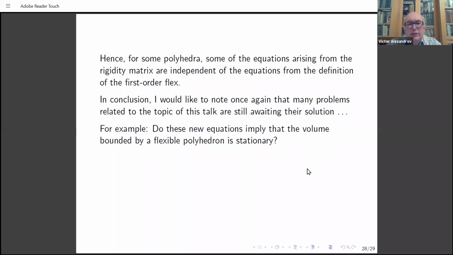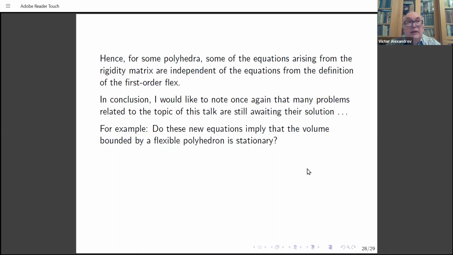In conclusion, I would like to note once again that many problems related to the topic of the talk are still awaiting their solution. For example, do these new equations imply that the volume bounded by a flexible polyhedron is stationary? We know that the volume of the flexible polyhedron is constant during the flex, but this result was obtained by, let me say, algebraic methods.